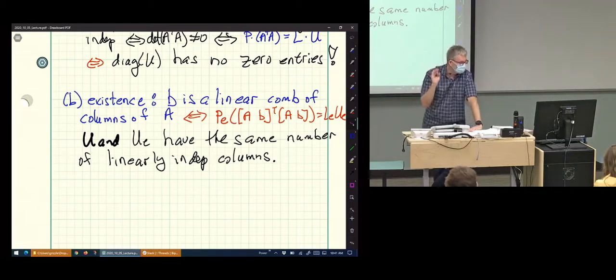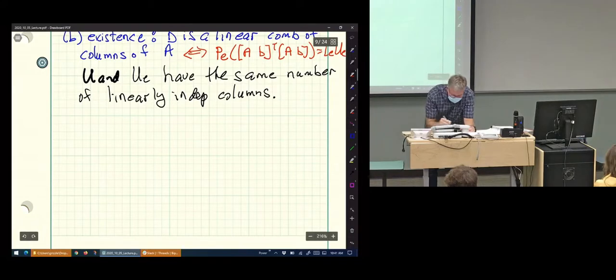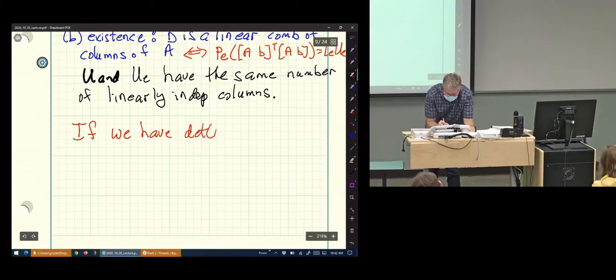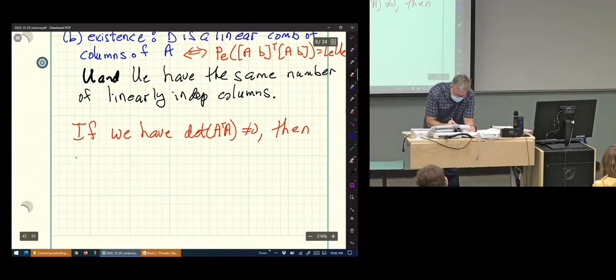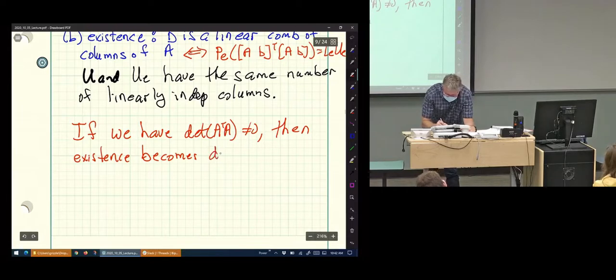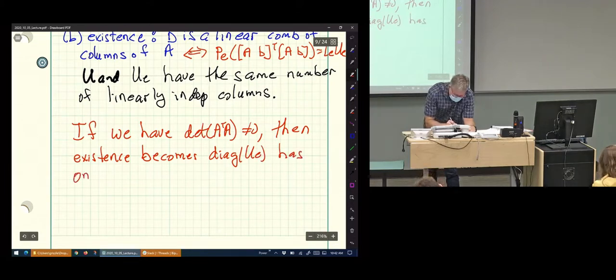It's just looking at the diagonals of U. So if we have determinant of A transpose A not equal to 0, then uniqueness, existence becomes diagonal of UE has 1 zero element.